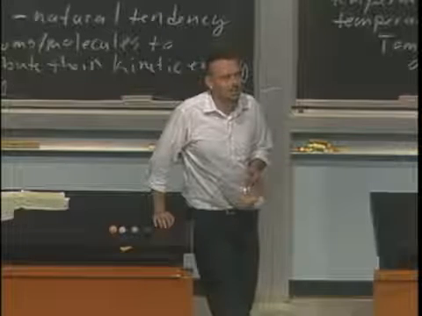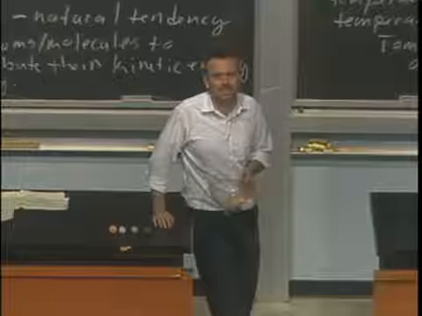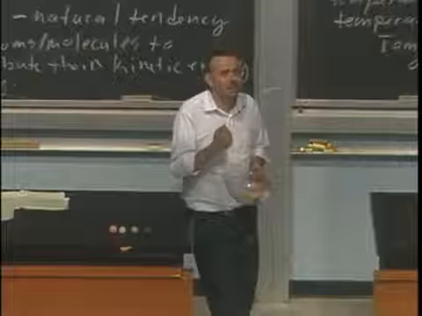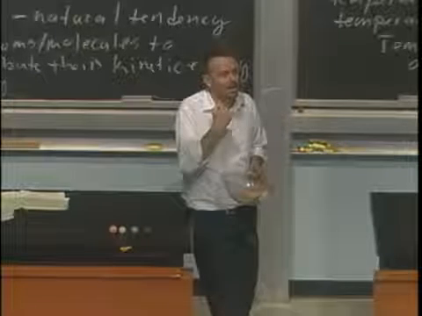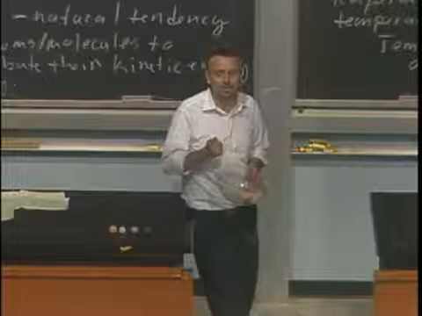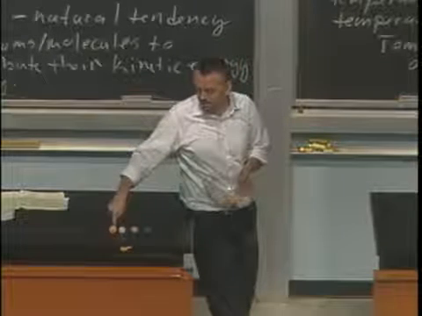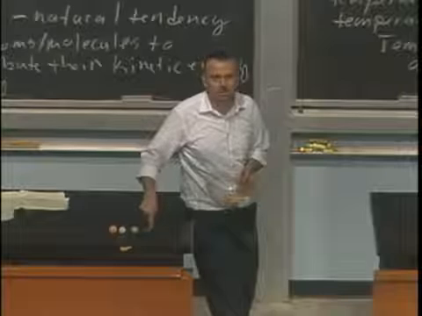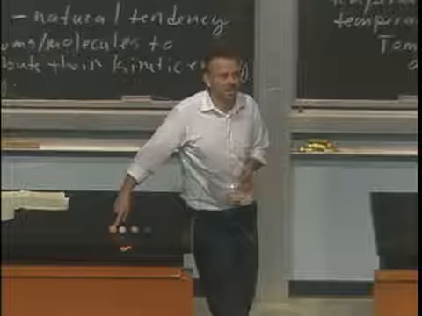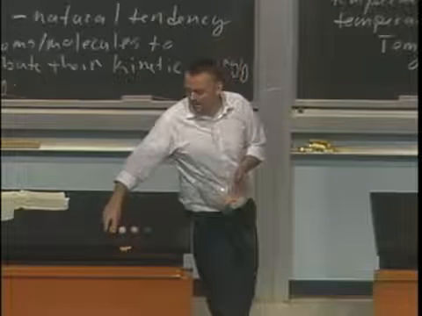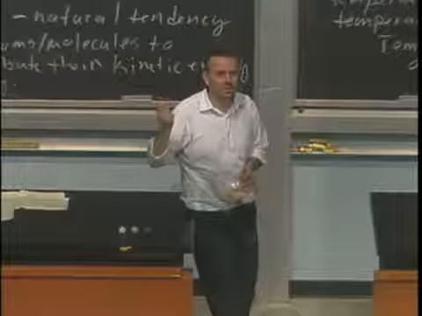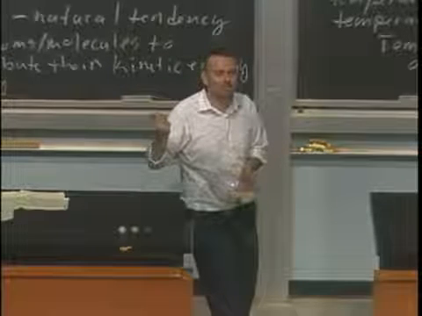And I'm going to shake it up, so I'm going to give it energy. Naturally, these are all going to be colliding with each other. They've got kinetic energy, they're sharing it, and they're passing it back and forth between each other. But since some of them are very much lighter than the other ones, if they've all got roughly the same kinetic energy, then the lighter ones, the ones that are less massive, have to have a much higher velocity.